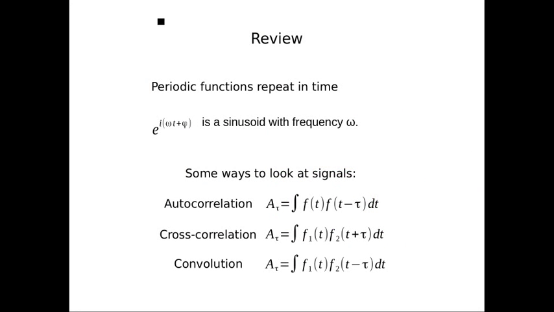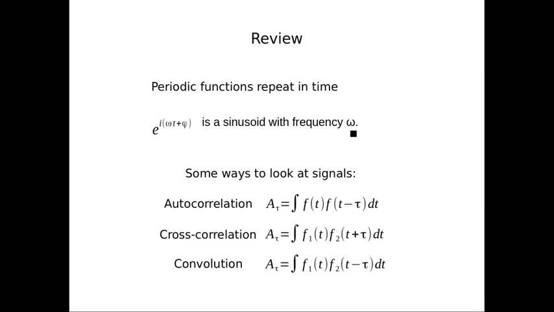So let's review. We were talking about periodic functions, which are functions that repeat in time. And a really nice way to represent a periodic function with a single frequency is by the exponential of i(omega t plus phi), which is a sinusoid with frequency omega.